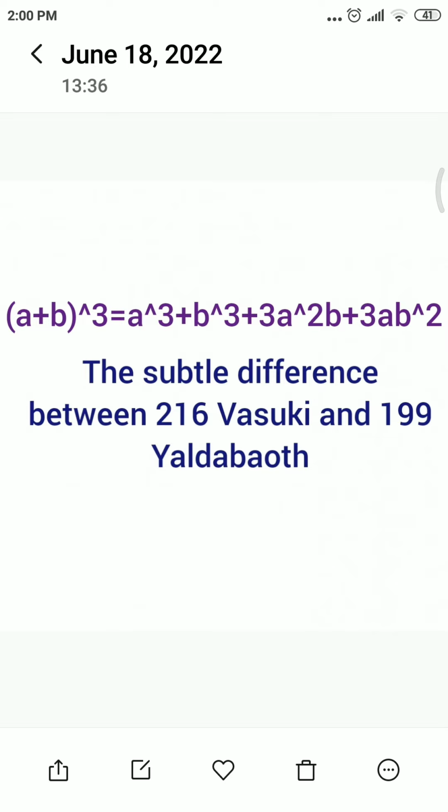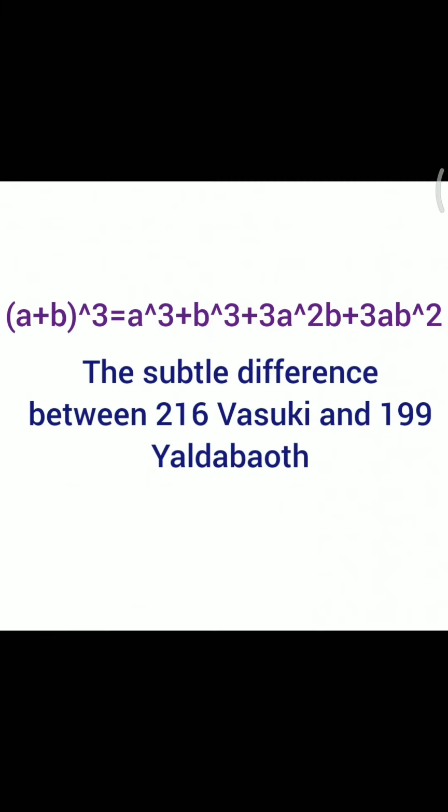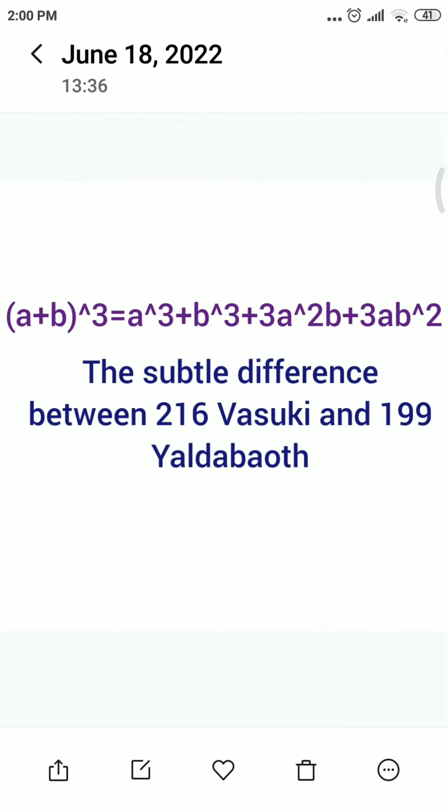So what would it be? 8 cube will be 4 cube plus 4 cube, 3 into 4 square, 16 threes are 48, 48 fours. You will have some number here and some number here, but since both 4 and 4 are same, you will get two equal parts, that of 256 and 256, right?